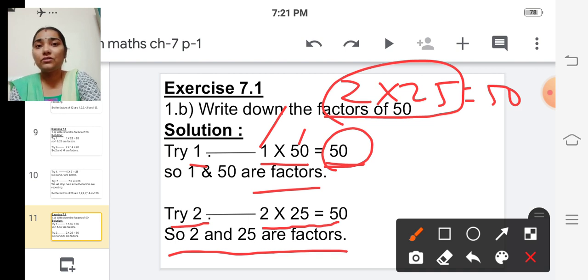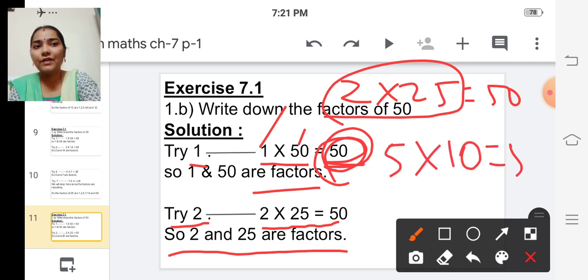And in the third table, will 50 come? No, isn't it? In the fourth table, will 50 come? No, isn't it? And in the fifth table, yes, it will come because 5 10s are 50.